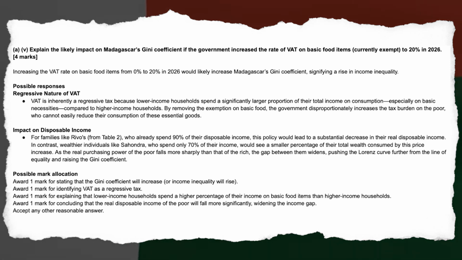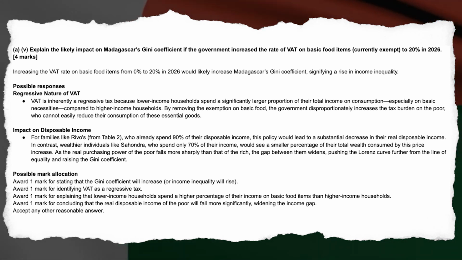Regressive nature of VAT. VAT is inherently a regressive tax because lower-income households spend a significantly larger proportion of their total income on consumption, especially on basic necessities, compared to higher-income households. By removing the exemption on basic food, the government disproportionately increases the tax burden on the poor, who cannot easily reduce their consumption of these essential goods.